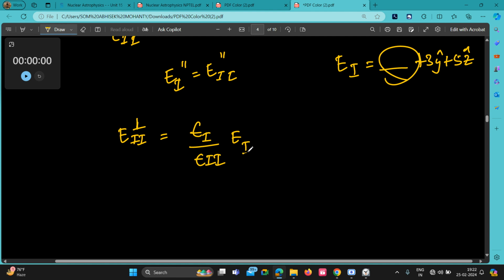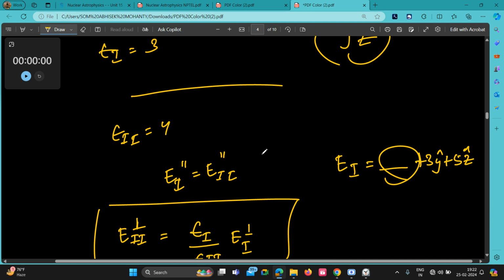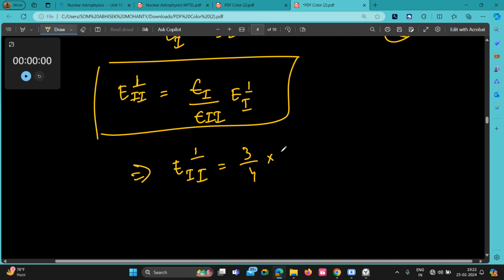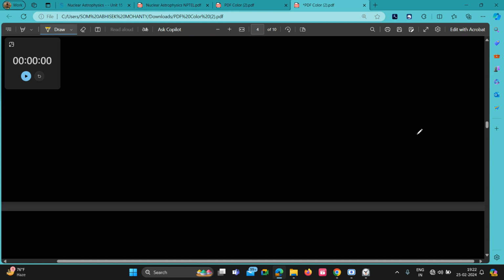So E2 perpendicular will be epsilon 1 is 3 by 4 into what is the perpendicular component of E1? That is 4x cap. So just write 4x cap. So that will be 3x cap. So just put the 3x cap here. And that will be E2. So E2 will be 3x cap plus 3y cap plus 5z cap.